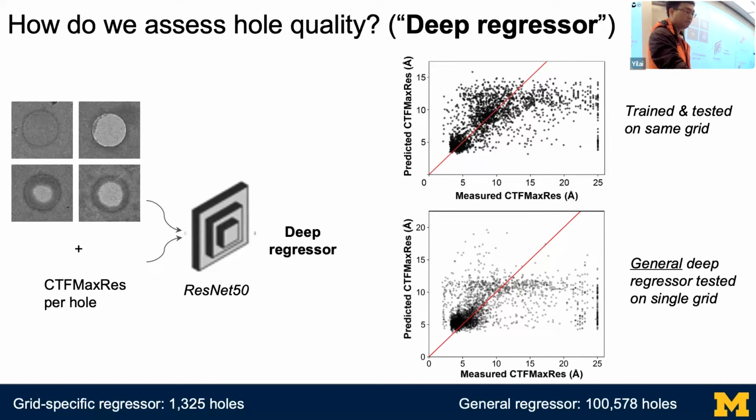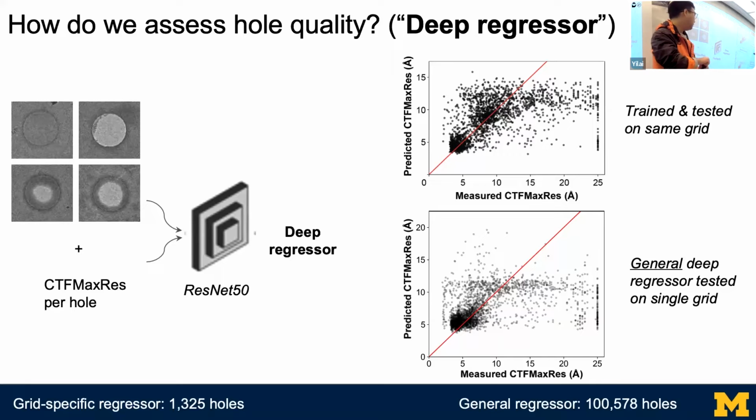And this is shown here, two different plots are the results for the regressor. As you can see, ideally all the points should be scattered along this diagonal line, but they don't.